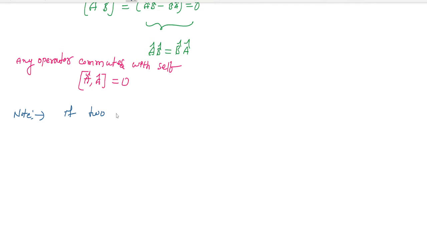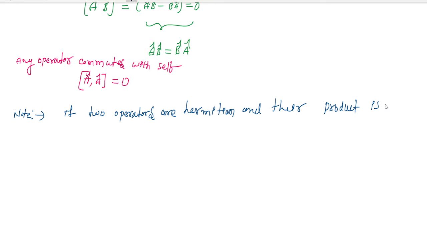If two operators are Hermitian and their product is also Hermitian, these operators commute.